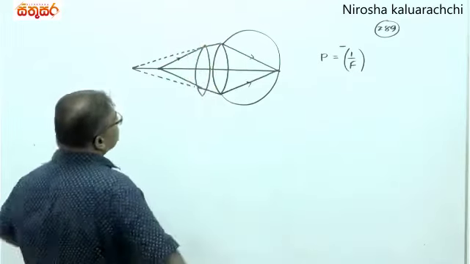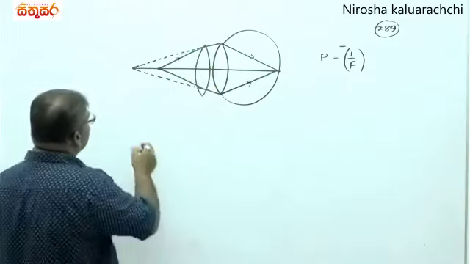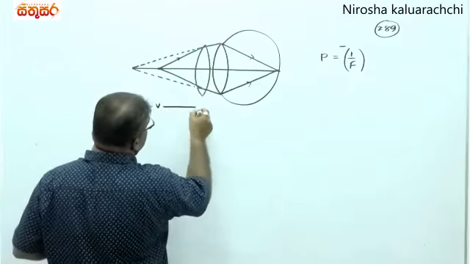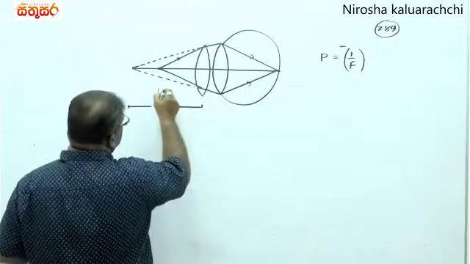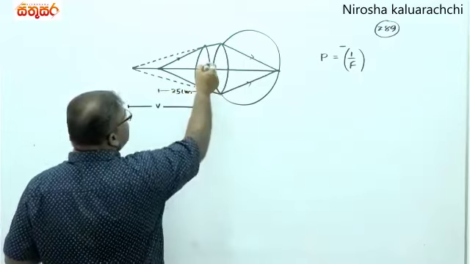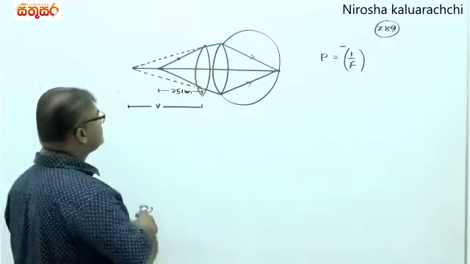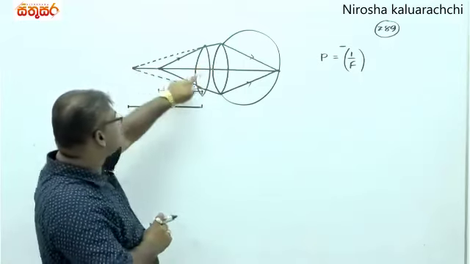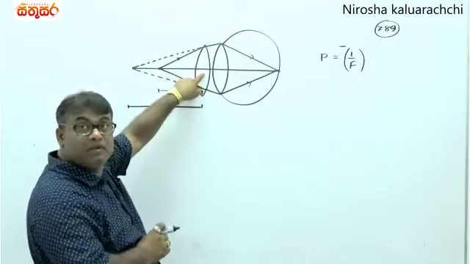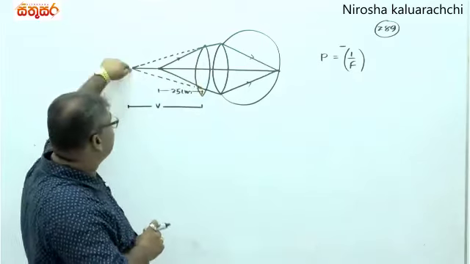Okay. Then this one is the image distance after keeping the object at 25 centimeter by the worn lens. This one is the wearing lens. This serves as the object to the first lens, will form the image here.